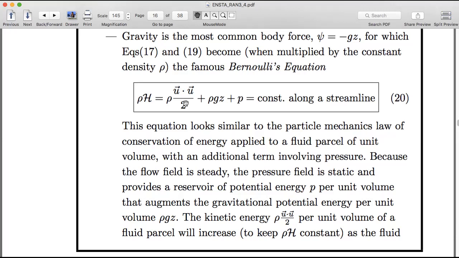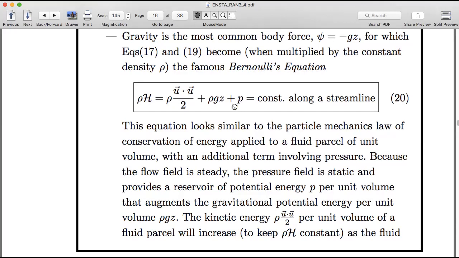except it's applied to the case of a continuous fluid. So we have the fluid velocity squared over 2, the kinetic energy per unit mass, times mass per unit volume. So this is the kinetic energy per unit volume. This is the gravitational potential energy per unit volume. And then we have this funny pressure term, the mechanical pressure. But remember, that's the energy of the molecular motion per unit volume.